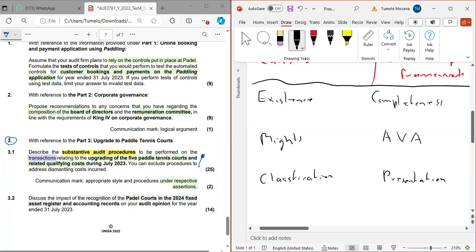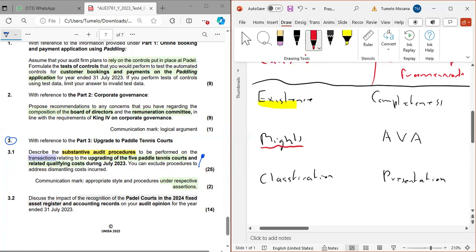What you would essentially do with existence is check whether whatever you're dealing with exists. With rights, you want to check whether you have the right to that particular asset you're dealing with. If you have purchased inventory, you need to check whether you have obtained the right of ownership towards that inventory.